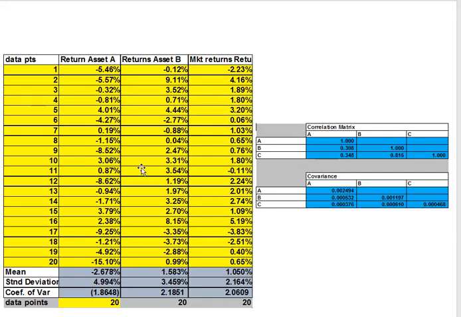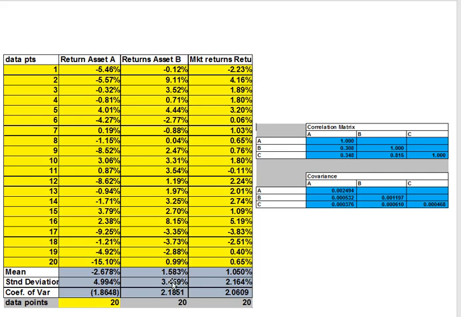So the spreadsheet here is the historical data analysis worksheet. When you copy and paste the returns in here, you do have to change the data points to 20 so it reflects all the numbers, because the 20 is in some of the formulas. But as you can see here are the rates of returns that we copied from above. The mean for Coors was negative 2.6.